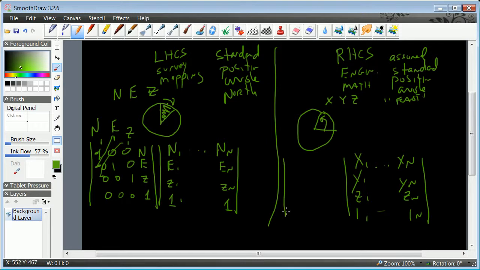And once again here, you're going to have your transformation matrix. It's going to be your delta X, your delta Y, and your delta Z, and the 1 chaser.